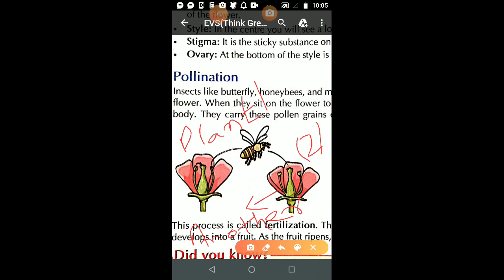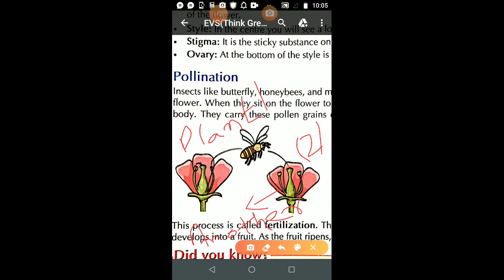Now what is cross pollination? See students, for example, here I have written this flower is from plant 1 and maybe this flower is from plant 2. Is it clear? Now students, what happens? See, the pollens are inside the anther.